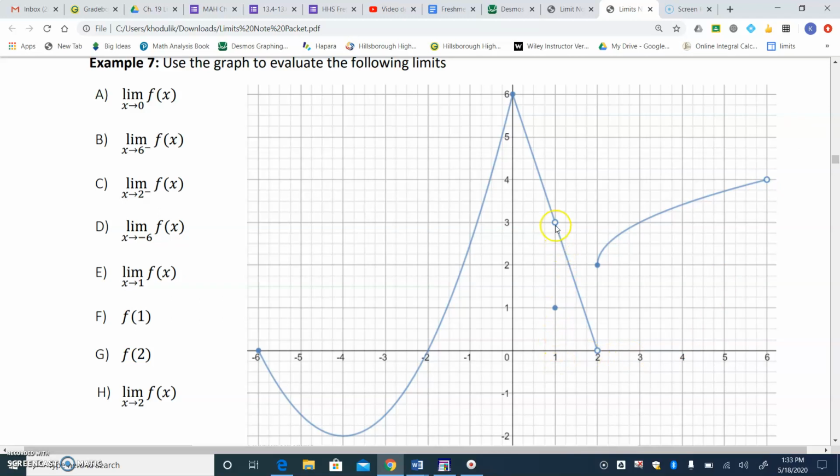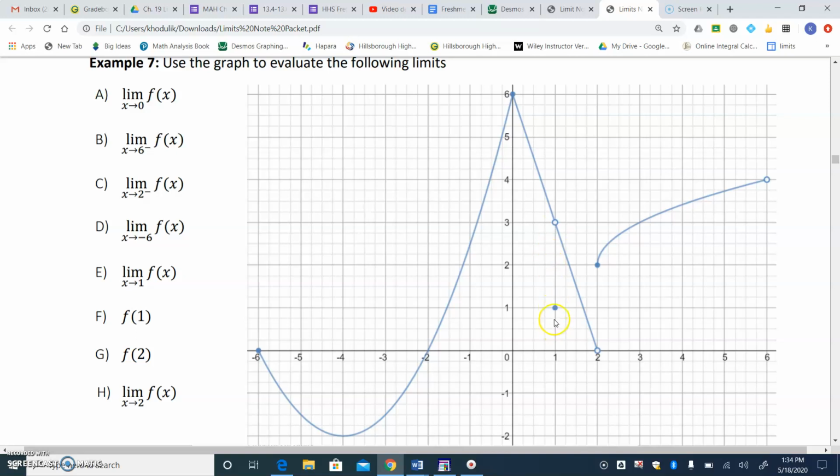Well, the graph a little bit to the left looks like it's going to get closer and closer to this open circle. And a little bit to the right, it's getting closer and closer to this open circle. As the x coordinates are getting closer to 1, the graph is getting closer to that value of the open circle. So the limit as I approach x equals 1 is 3, the y coordinate of the circle.